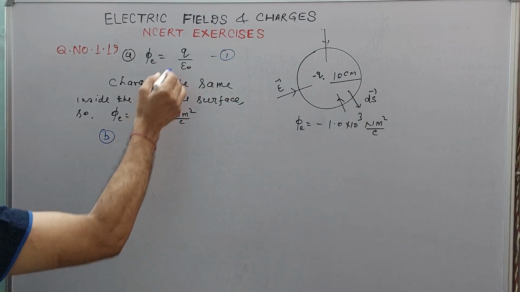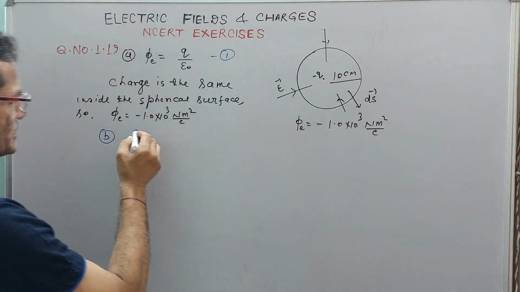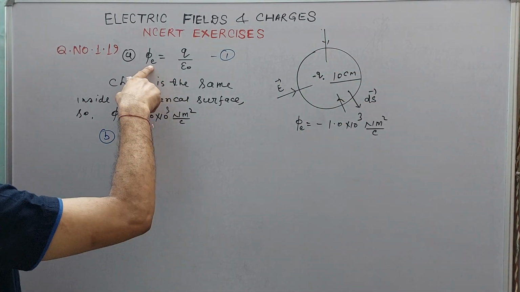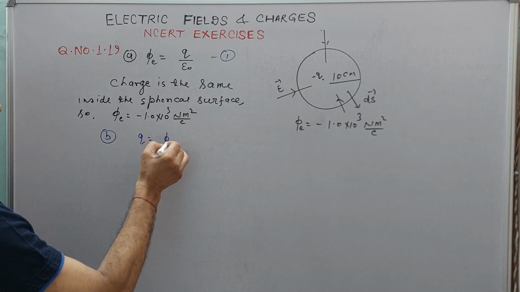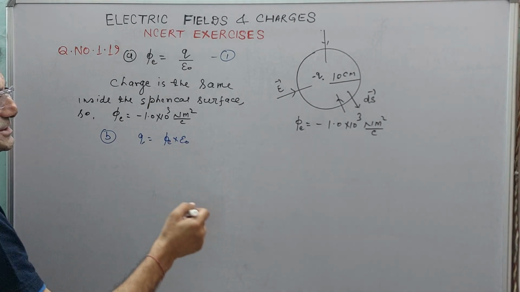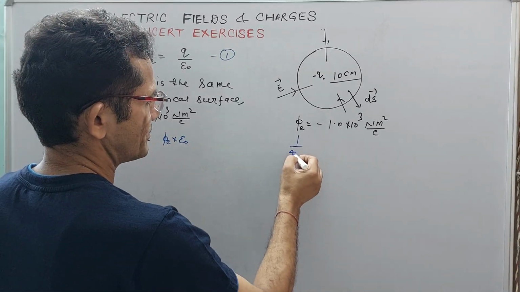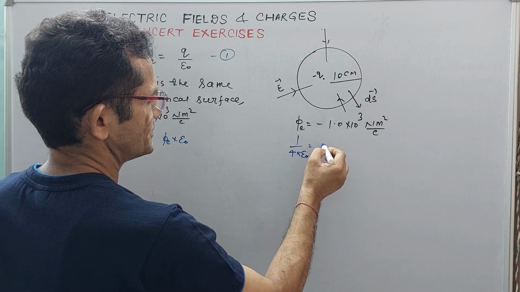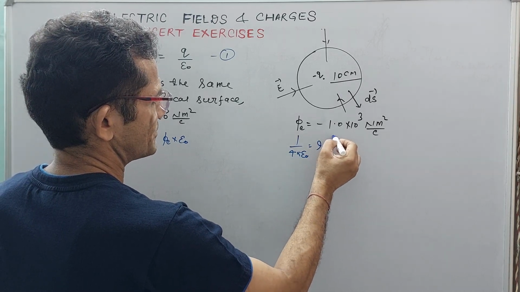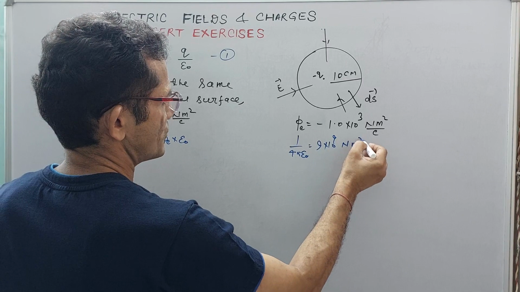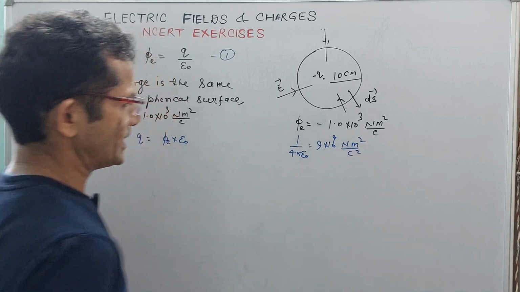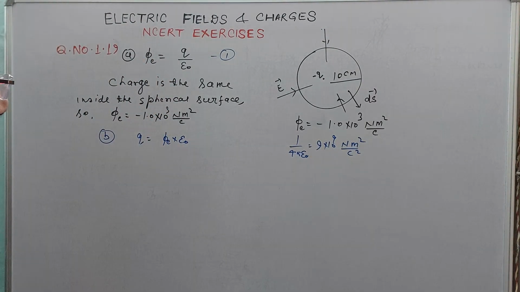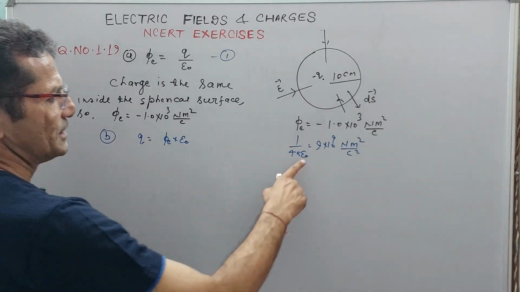In this part, the charge inside of this Gaussian surface will be Q equal to electric flux phi E into epsilon naught, and we already know that 1 upon 4 pi epsilon naught is equal to 9 into 10 raised to the power 9 Newton meter square divided by Coulomb square. So we will use epsilon naught.